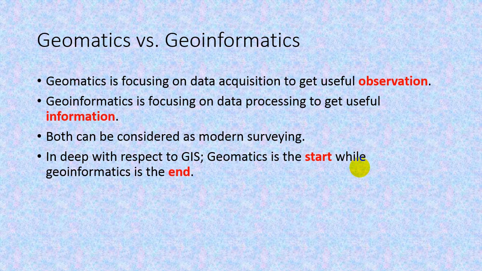In other words, geomatics is dealing with hardware, while geoinformatics mainly is dealing with software. Both can be considered as modern surveying. Indeed, with respect to GIS, Geographic Information System, geomatics is the start, while geoinformatics is the end.